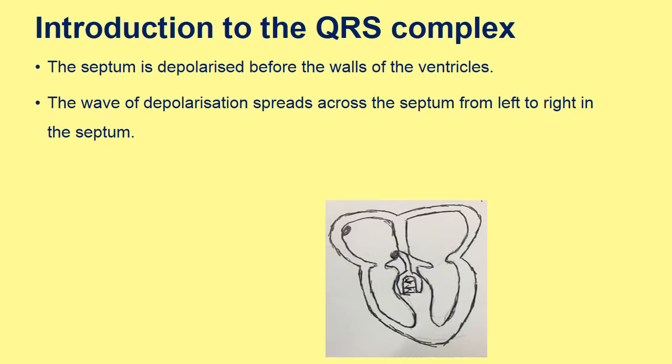Okay. Another concept that you need to understand is that I've already mentioned the average wave of depolarization is towards the left ventricle, because the left ventricle is bigger because it has to pump blood around the whole system.